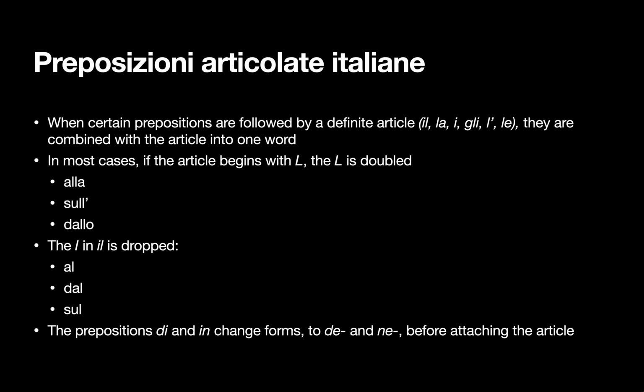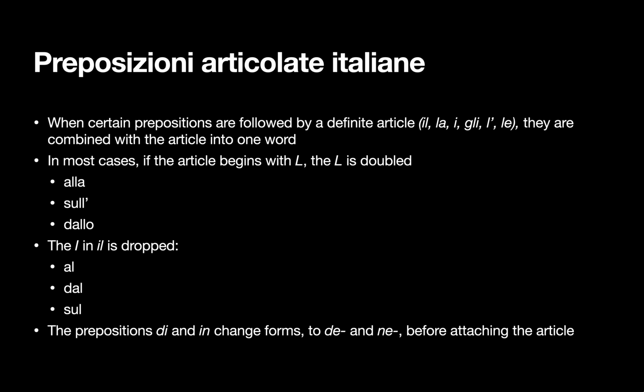So yeah, prepositions get combined with the definite articles. In most cases, if the article begins with L, the L is doubled. So alla, sullo, dallo, all have double L's. And then if the article is il, the I gets dropped and it just becomes al, dal, or sul.